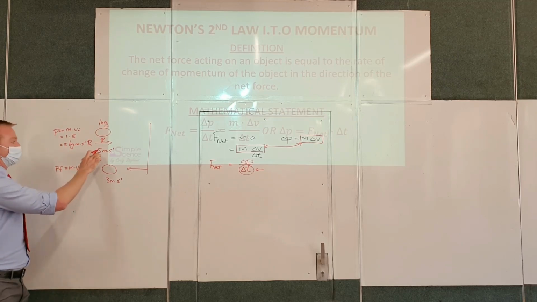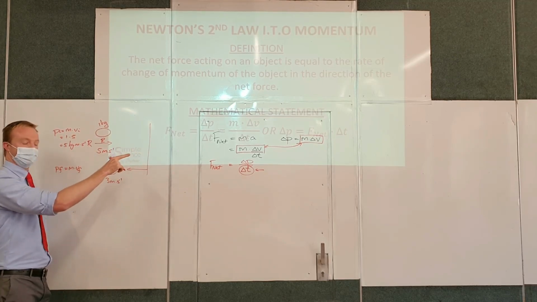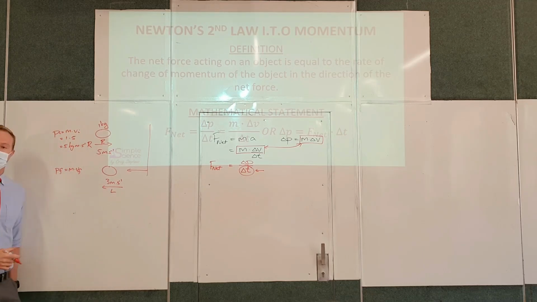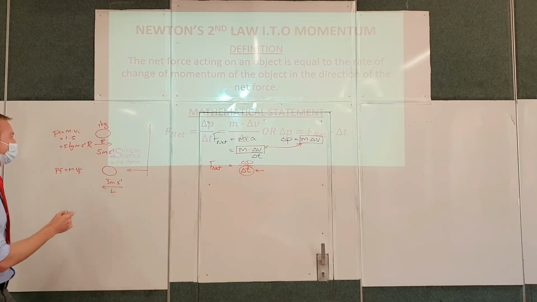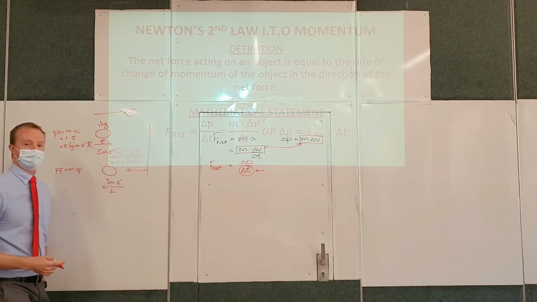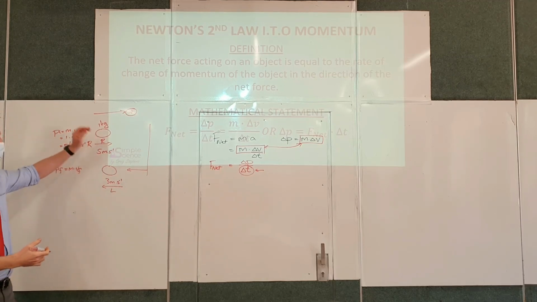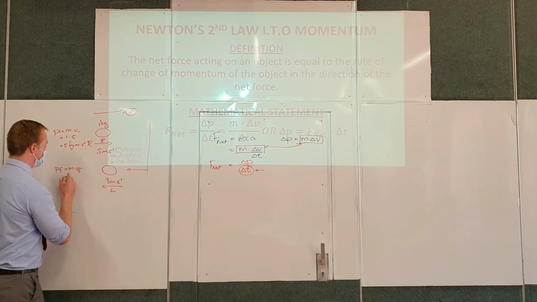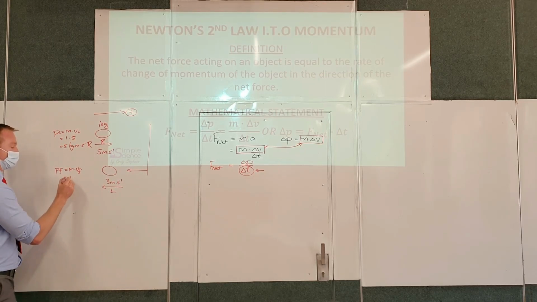So a velocity of 5 meters per second to the right is not the same as a velocity of 3 meters per second to the left. So you need to, just like in mechanics, declare a certain direction as your positive direction. It doesn't matter which way you decided was positive, if it's your initial or your final. But what you then say is your mass, obviously unchanged, as 1 kilogram.